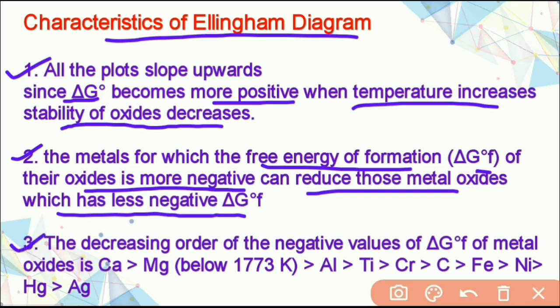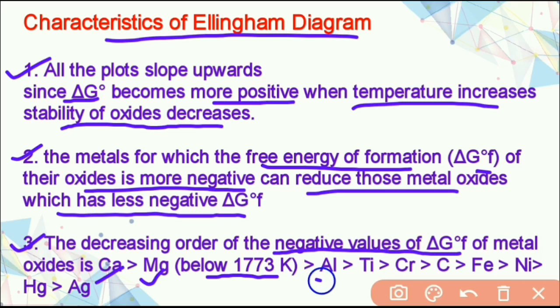Next, the decreasing order of negative value of delta G naught f of metal oxides. First the oxide formed by calcium, then magnesium, forming their metal oxides below 1773 Kelvin temperature because they have more negative delta G value, so they can easily form the metal oxide.